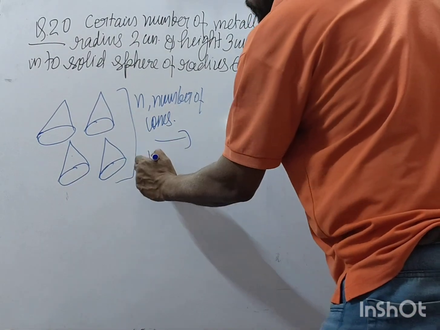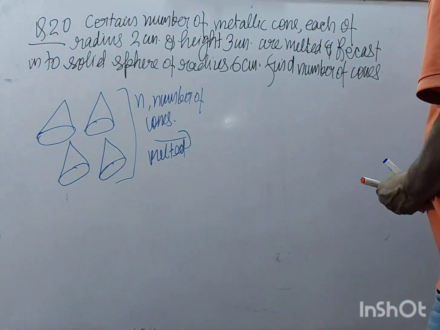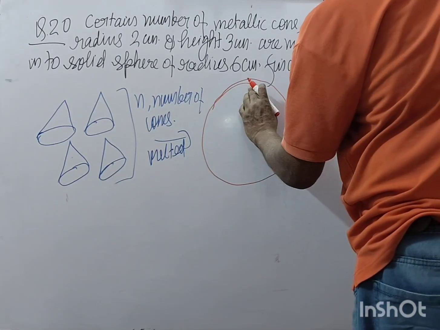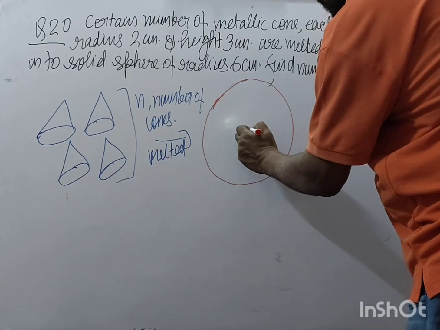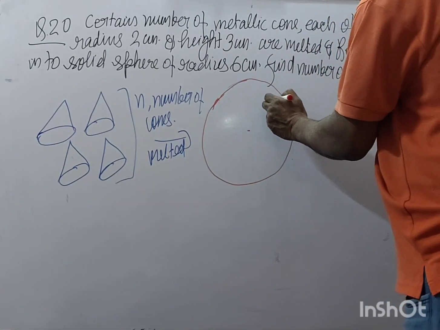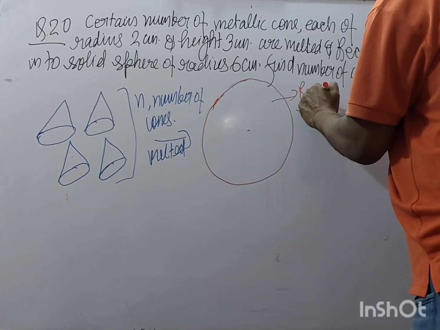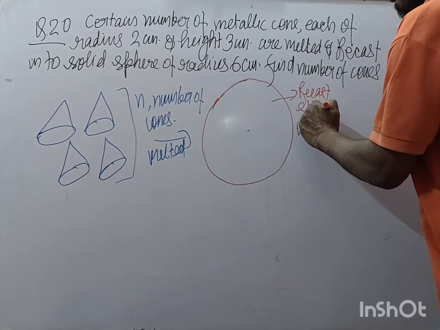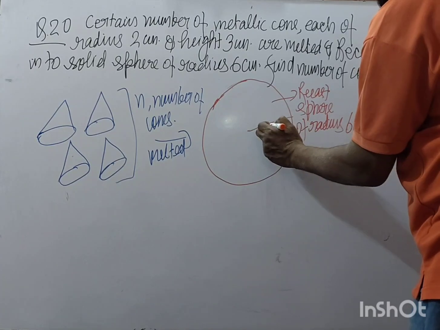They are melted and recast into a sphere of radius 6 centimeter.